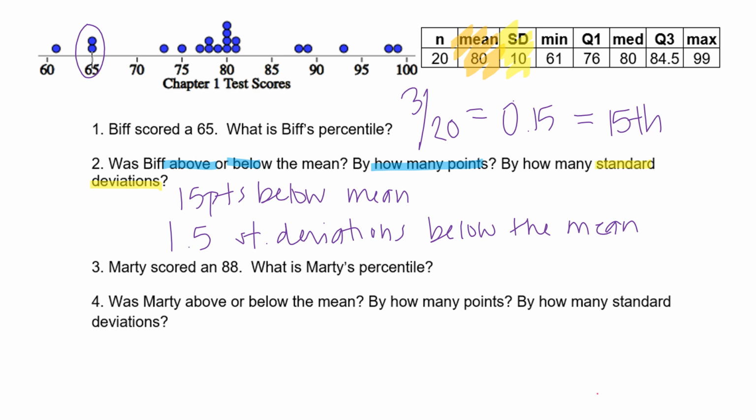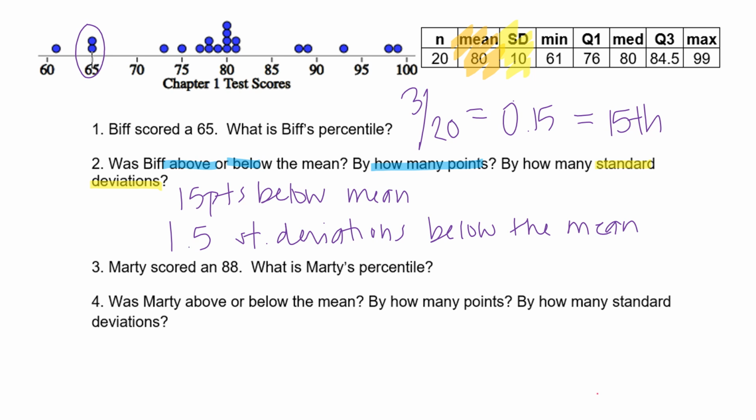So Biff's score is technically 1.5 standard deviations below the mean. And that is something that we're going to start to work on and try to comprehend throughout this week. All right. If it isn't clicking today, that's okay. Hopefully by Friday it'll click.